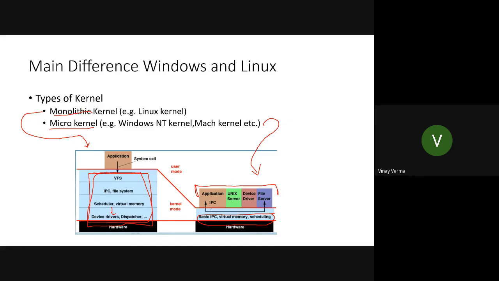So if any new application is installed in the system, then we have to restart the system so that the device driver, the file server, and all these things restart again and take the new application into their system. But in Linux, the kernel just updates that thing and makes it available for us.